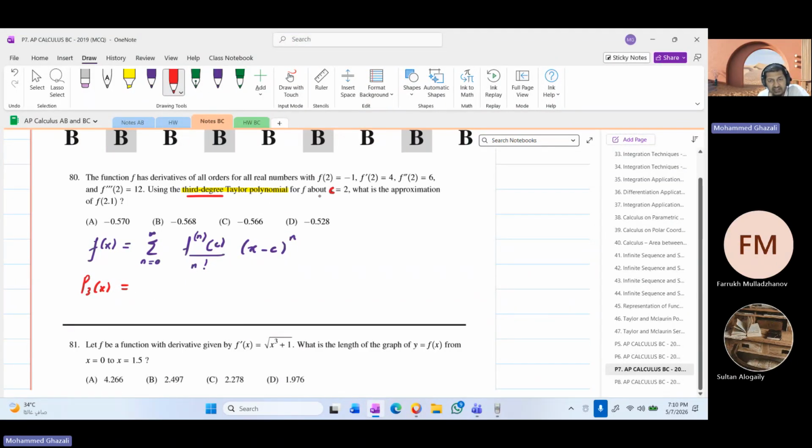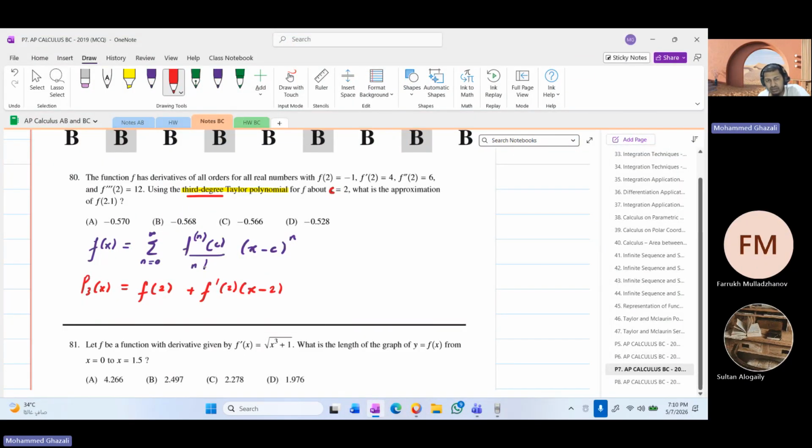So what is the value of c? The value of c is 2. The 0th derivative evaluated at c is f of 2, times x minus c to the power 0, which is just 1, so take that out. Then f prime of 2 times x minus c, in other words x minus 2.